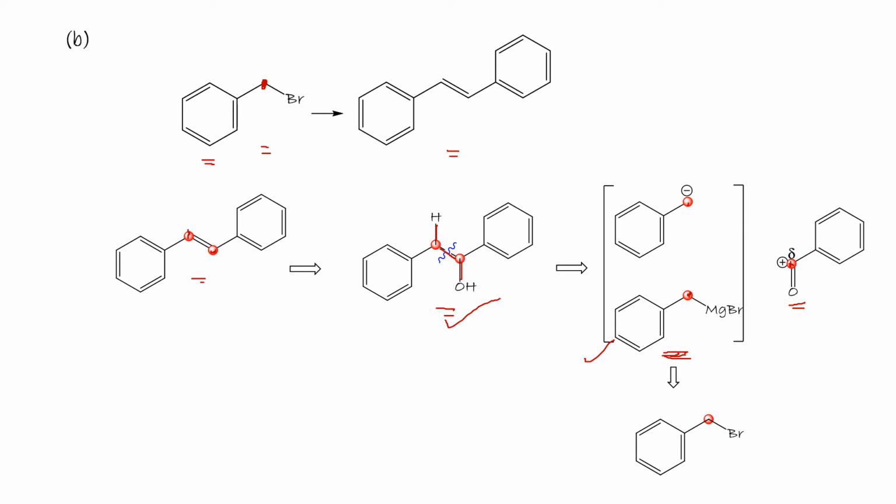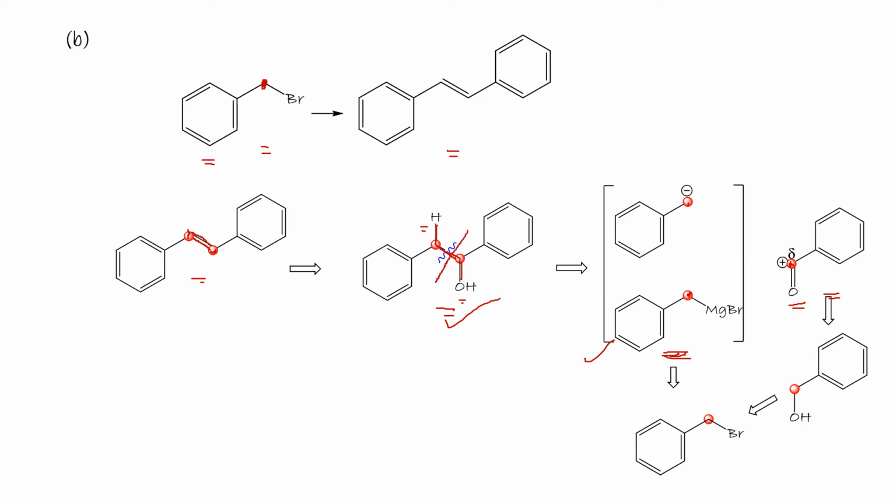Okay, what about this one? How can we get this from the benzyl bromide? We can get it from benzyl alcohol, and the benzyl alcohol we can get from the benzyl bromide. Once again, this is the double bond. Double bond, we can get it from alcohol.